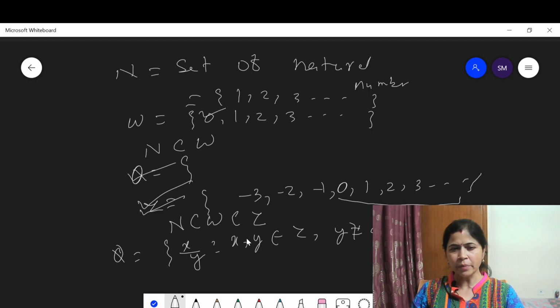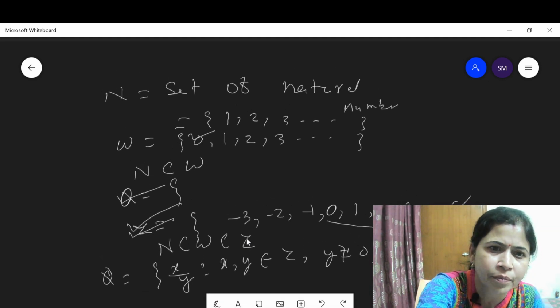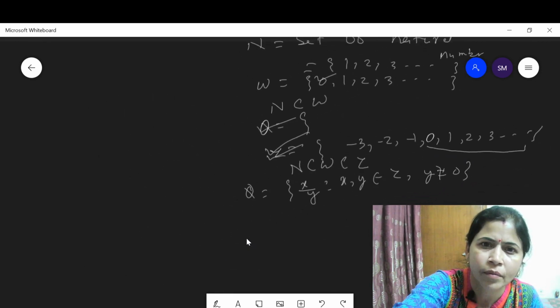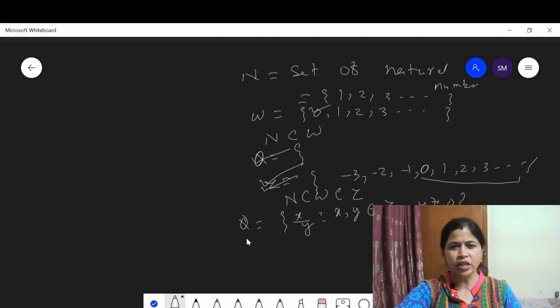We get infinity, meaning an undefined number. Then Q is the set of rational numbers.